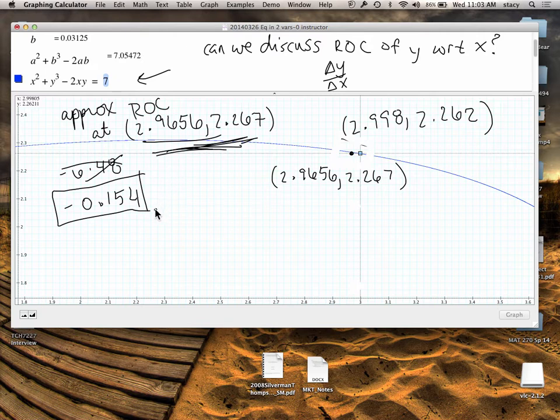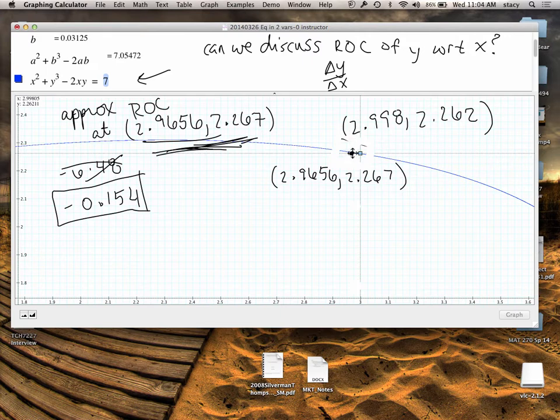So that is the rate of change, but what is the meaning of the rate of change? Yes. So for every change in x, the change in y is negative 0.154 times that change in x, right?